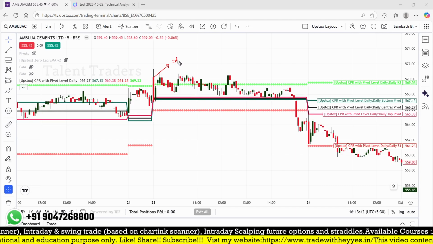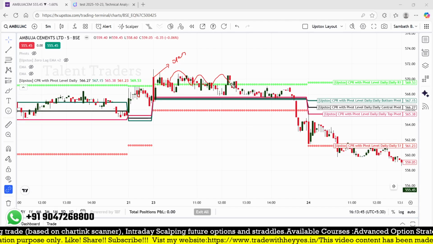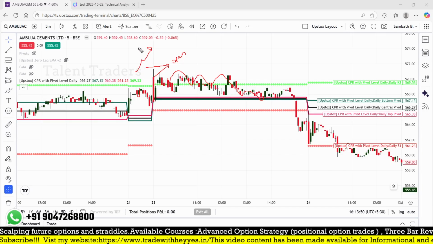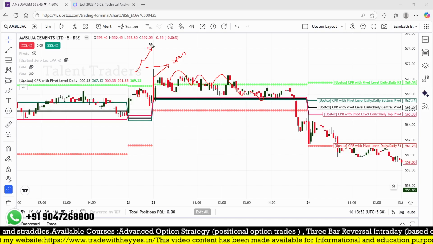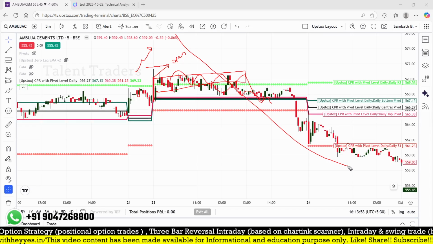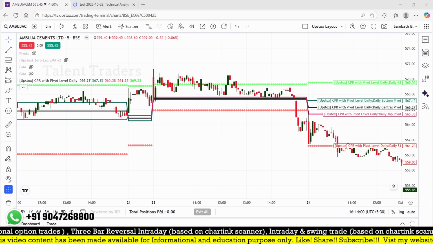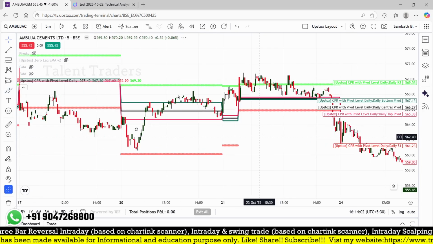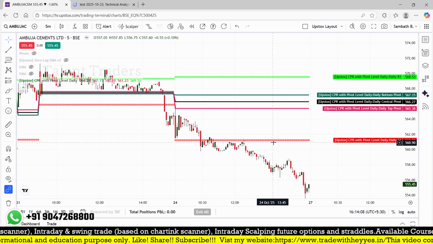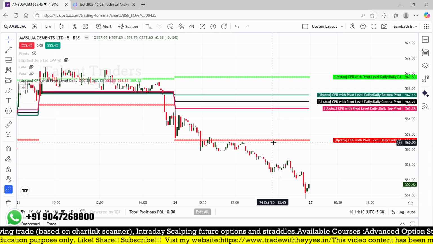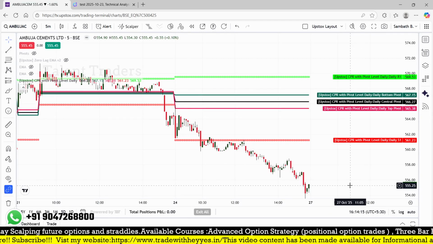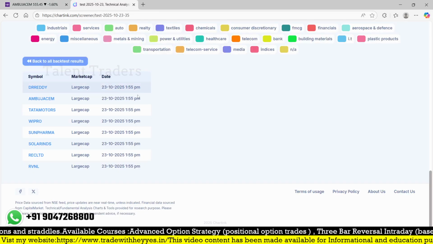So the open is greater than the resistance, and we are expecting the stock may reach this pivot level after open, but it doesn't break the first candle high, meaning it doesn't have the strength to move higher. It stayed range bound, came down, and finally fell. We can find such stocks based on the open price, whether it opens above the resistance level after forming a narrow CPR, and whether it is going to continue or reverse. From 570 it came down almost 15 points lower. Something like that is what we have created.